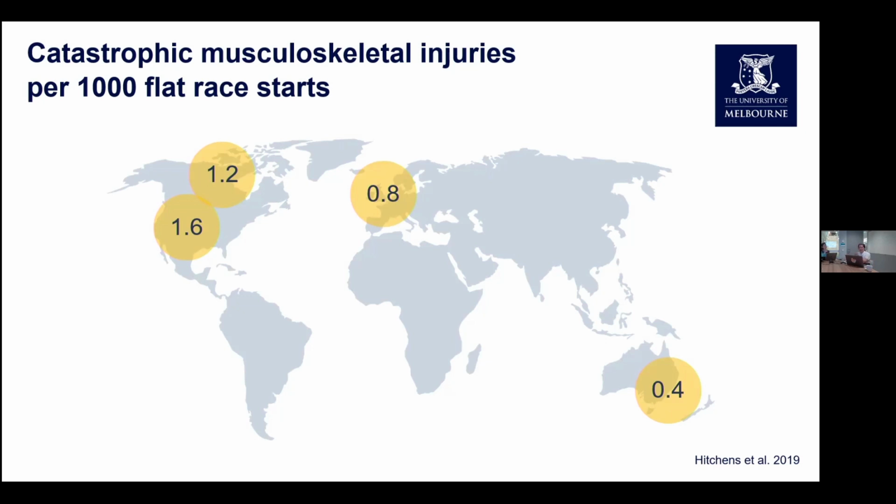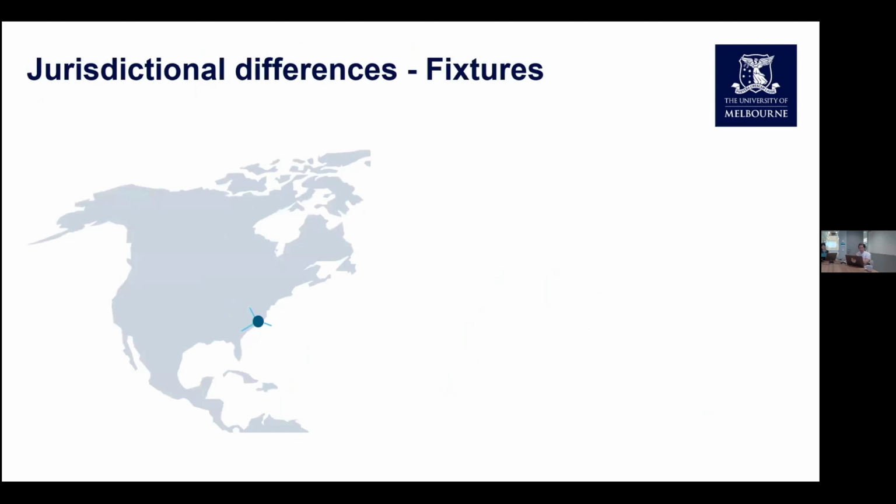But we can use some of that information to inform us about our injury risk. And Hong Kong was 0.6, so low also. So I'm just going to go through some of those differences we see and then why this might be difficult to standardize jurisdictionally.